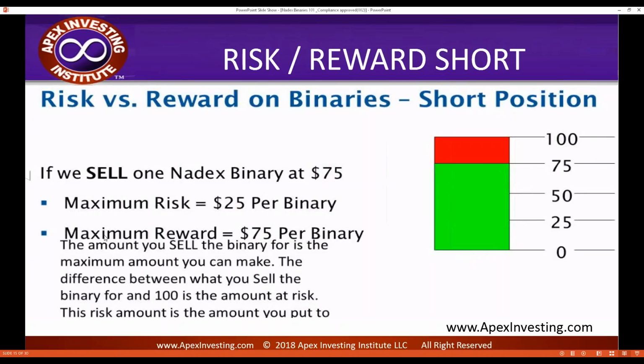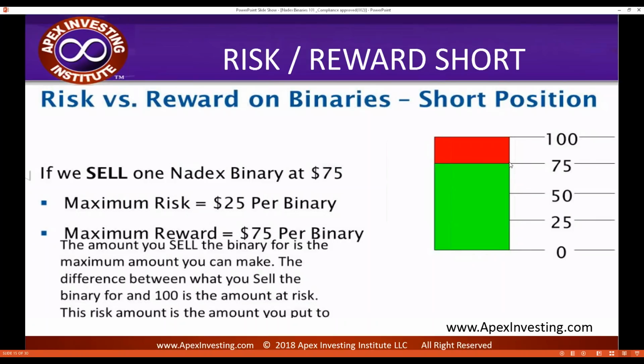My maximum reward is from where I sell down to 0. So my maximum reward here would be $75. So the amount you sell a binary for is the maximum amount you can make. So if I sold at 75, the most I can make is 75.